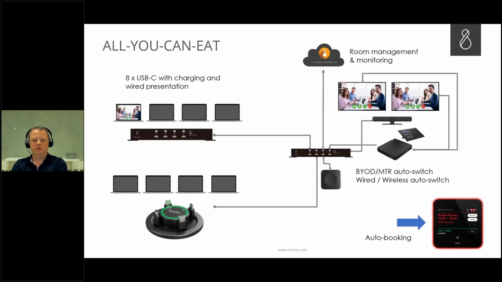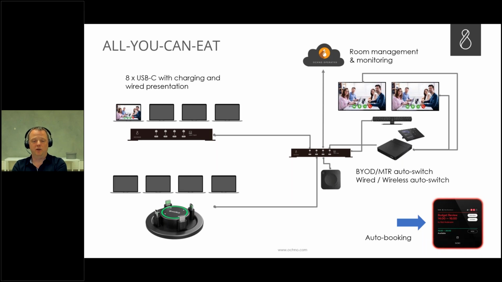So if we put all this together now, so we present these different use cases and features, it's more advanced features. So this is how it can look like in an all-you-can-eat room, if we call it like that. You can do this daisy chain, you connect many of these units together, you can combine OPC3 with Evoko Delo, you can have the Barco system in place, you can have the MTR system in place, and you can have the auto booking in place.